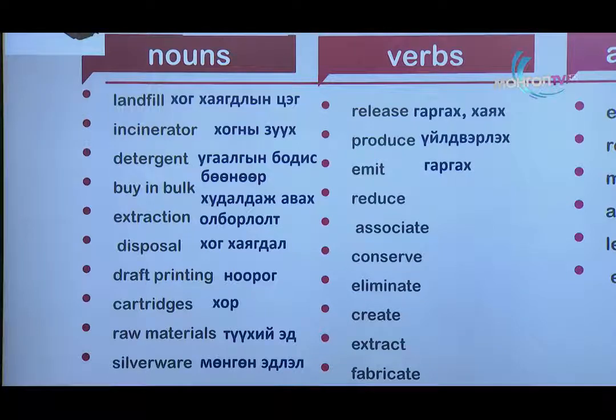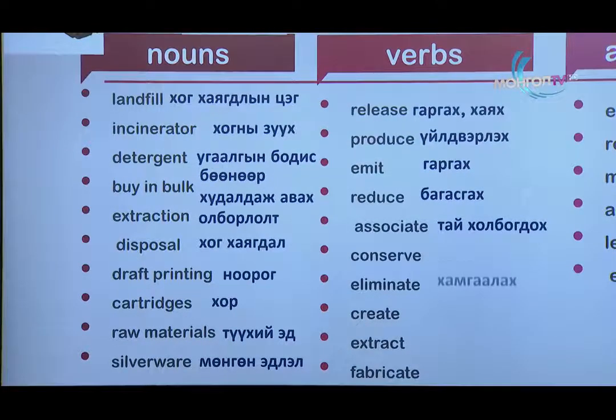Emit. Reduce. Associate. You can also say associate with a different stress, because English and American pronunciation is different.